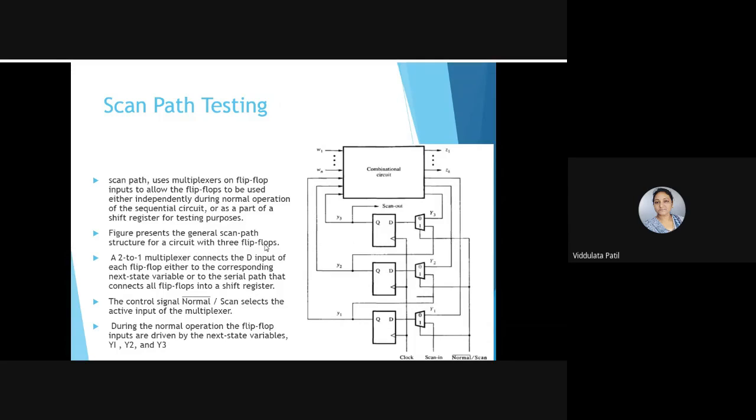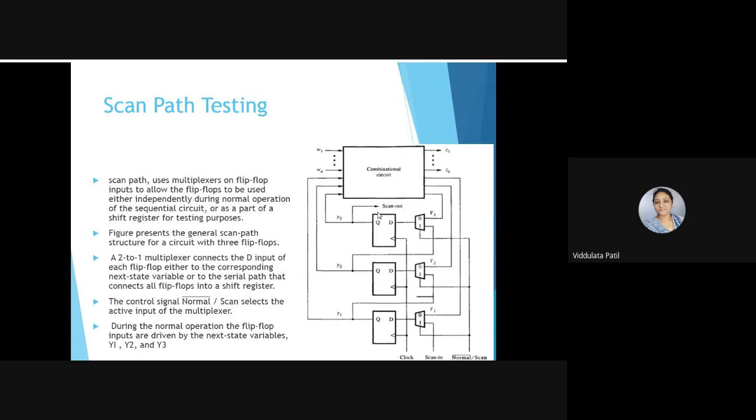This is just a methodology, or general structure, of the scan path testing method. Here we are using multiplexers on the flip-flop inputs. You can see that we have used three 2:1 multiplexers as the input of these flip-flops.